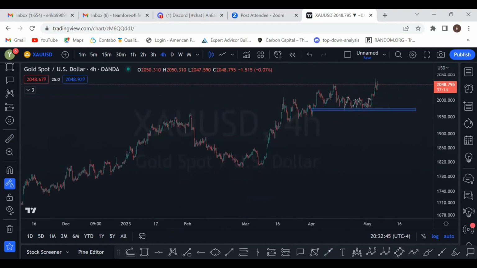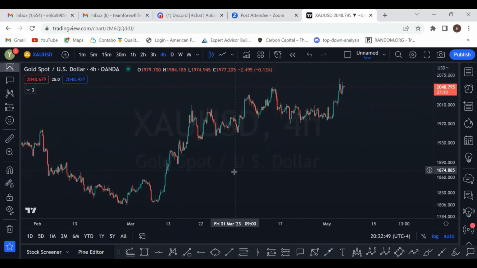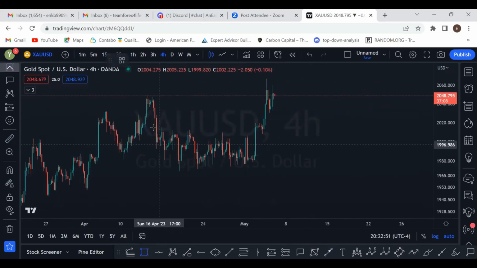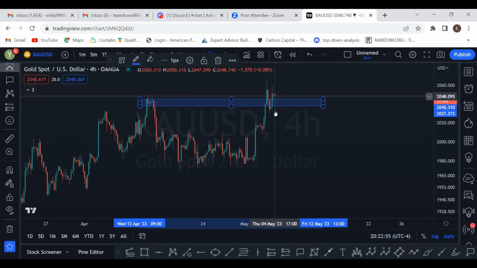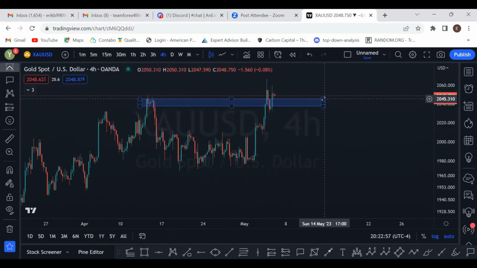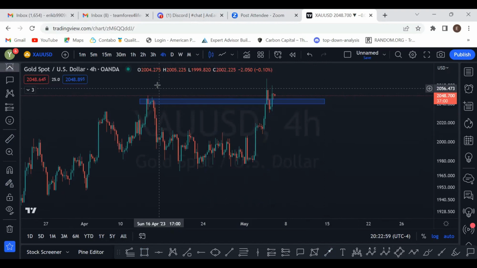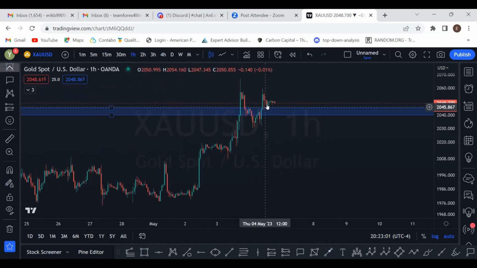The only thing I see on gold is it breaking and creating a new high, and so I'm looking for this to retest. This is where we break it down to the 1 hour to see what we get. Look at that, it's already rejected.